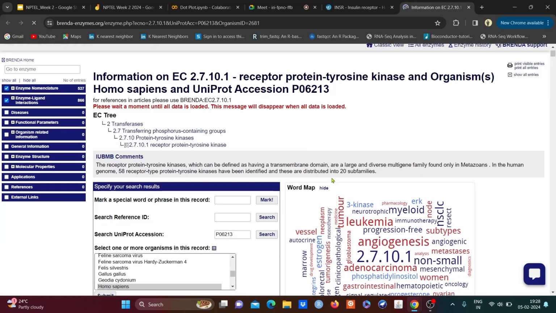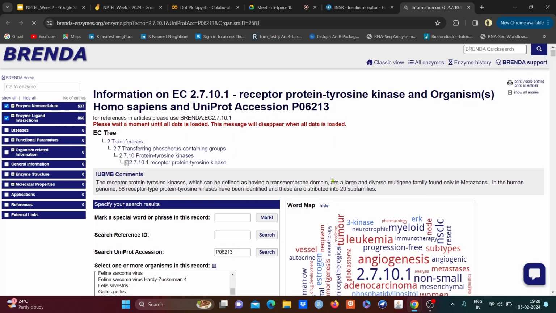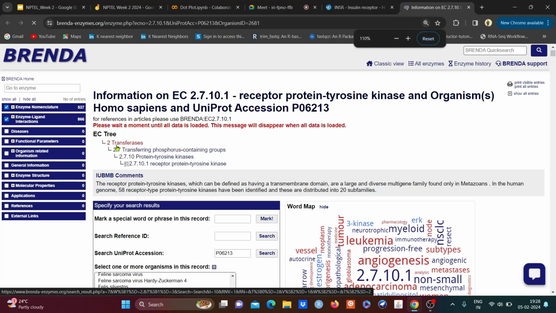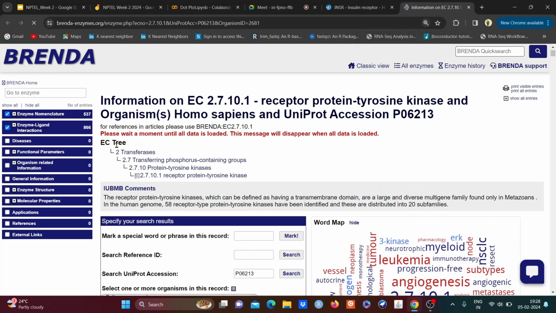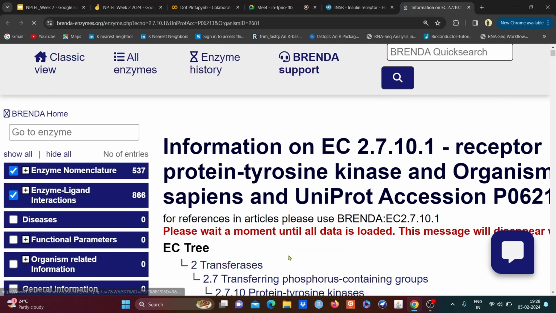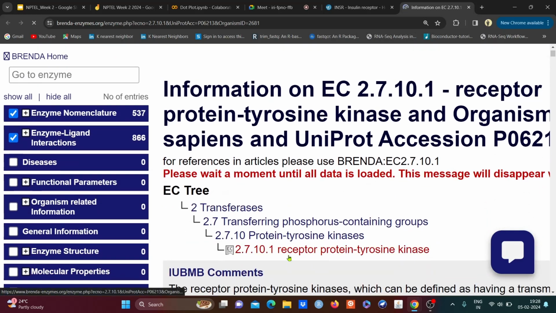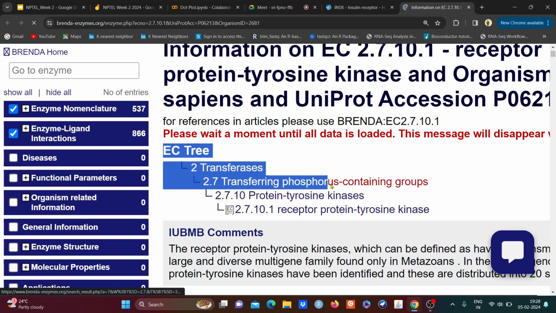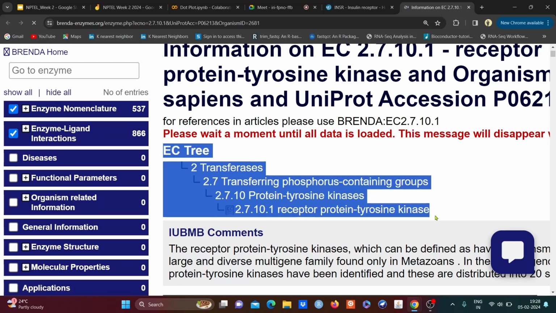So this provides the enzyme information. Let me zoom. Here one can see the enzyme classification tree.